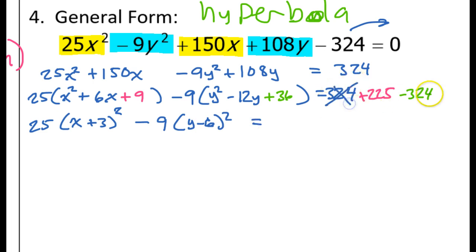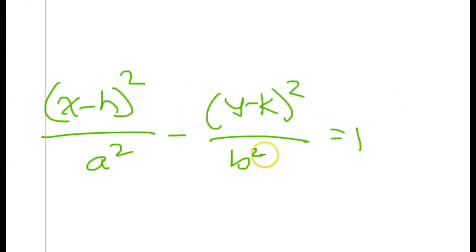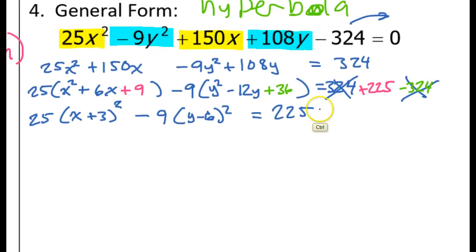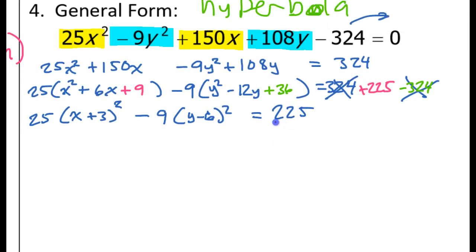Now, the 324 and the negative 324 cancel each other out. So I'm just going to have 225. We know that the standard form has a 1 over there. So I need to create a 1 by dividing everything by 225.